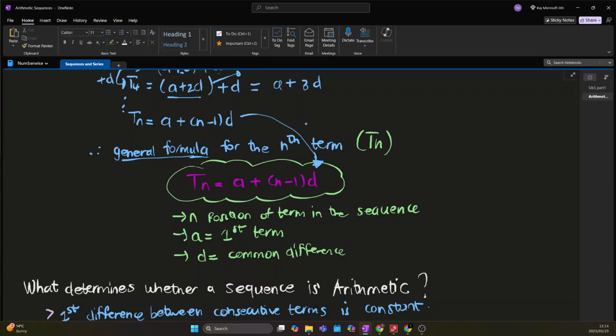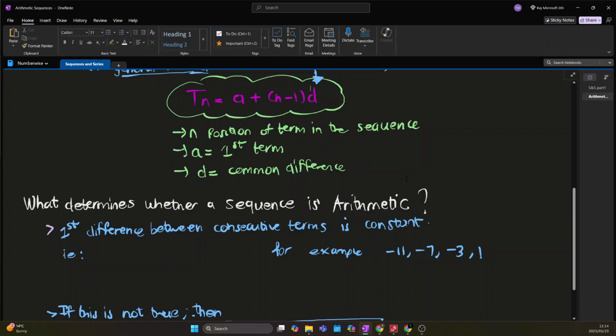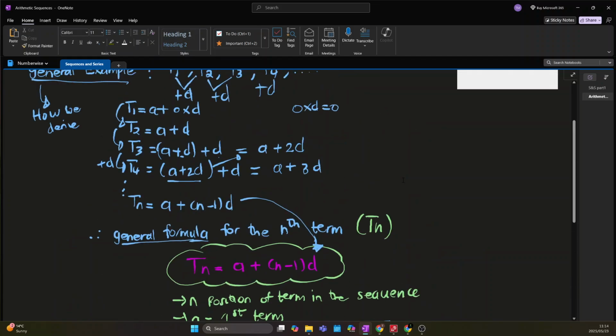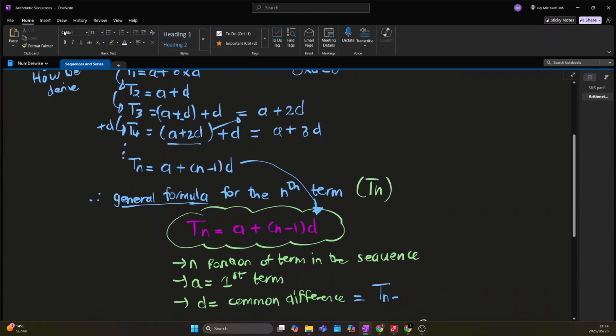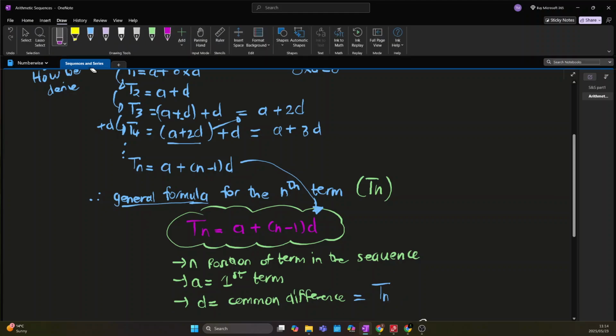The n represents the position of the term in the sequence, A is the first term, and D is the common difference. The common difference is just Tn minus the previous term, so the previous term would be Tn minus 1. Great.